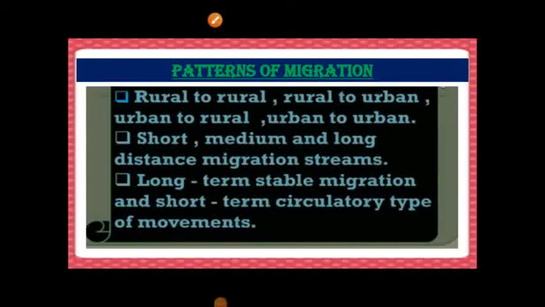The pattern of migration is very complex, comprising a number of streams: rural to rural, rural to urban, urban to rural, urban to urban, short, medium, and long distance migration streams, long-term stable migration, and short-term circulatory type of movements. Each of these streams would consist of different types of migrants, that is, from different social classes, each with its own reason for migration.